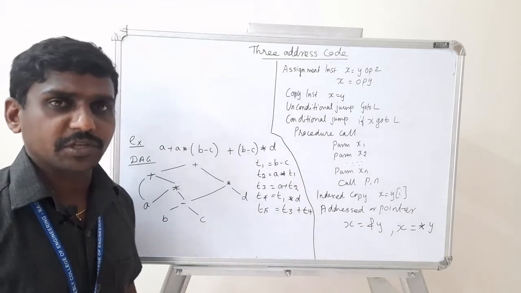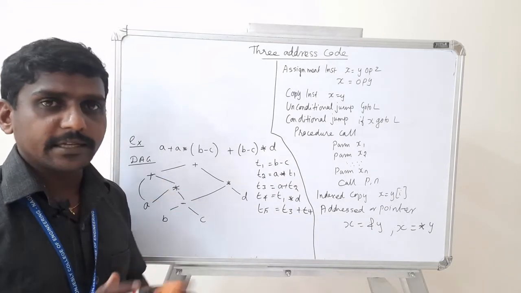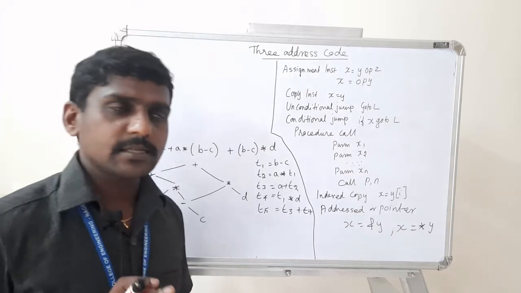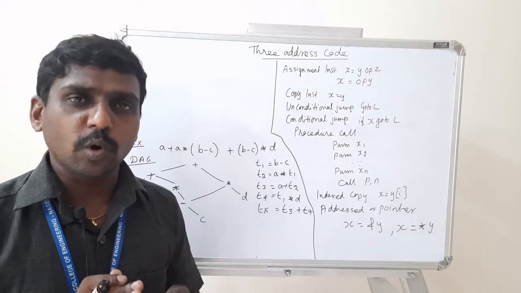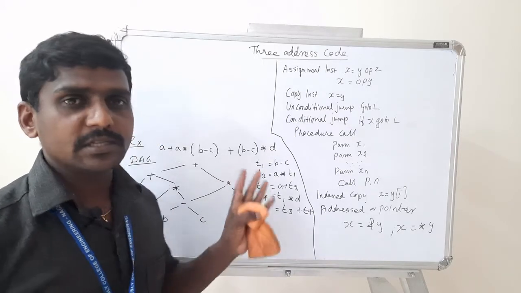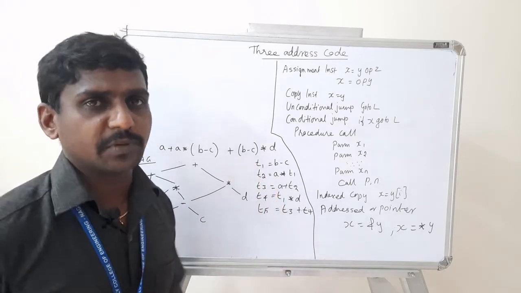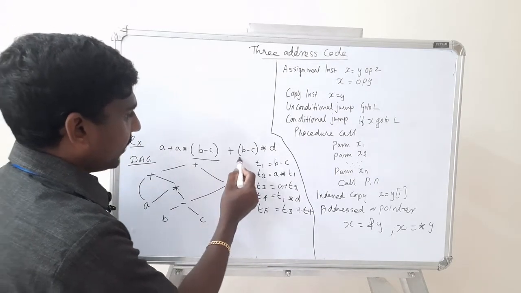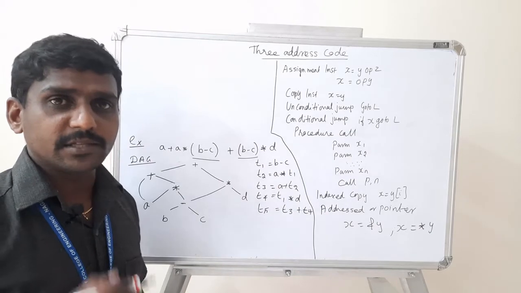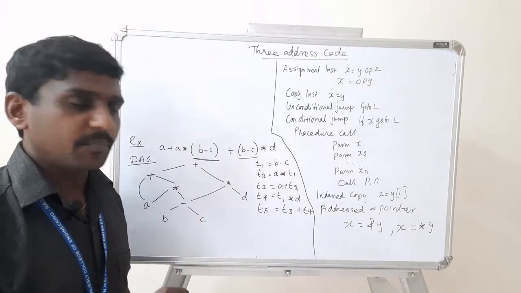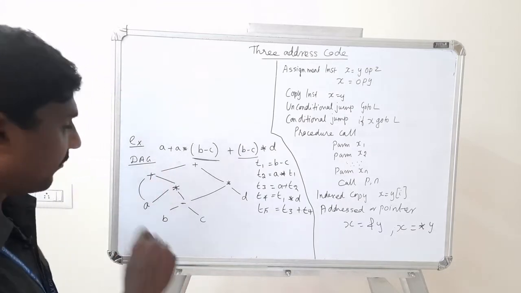The use of a DAG is that if the same expression appears more than once, we can represent it only once in the graph. For example, b minus c appears two times in this expression, so we can draw it only one time.